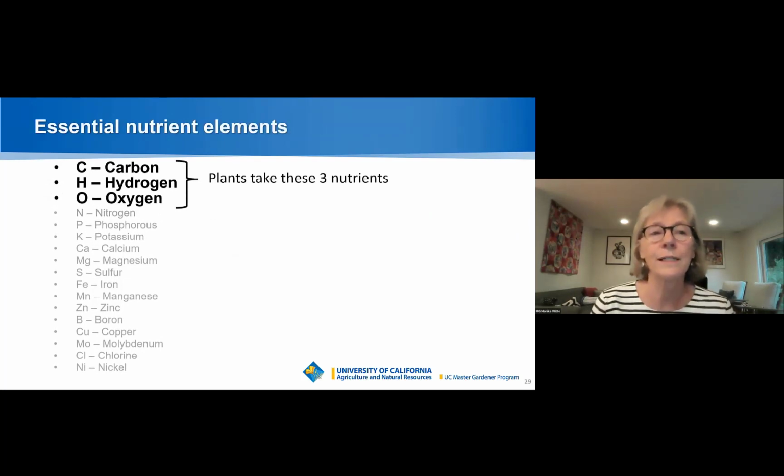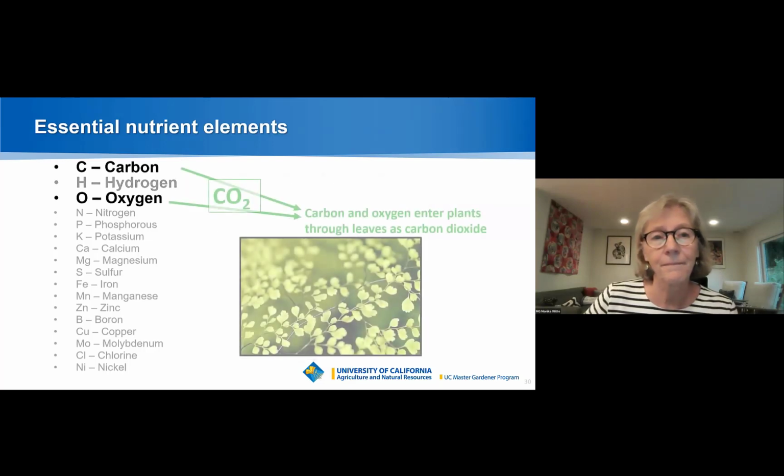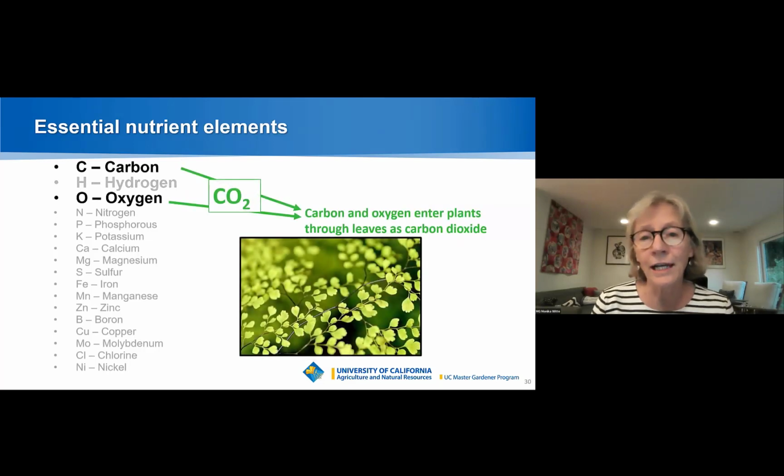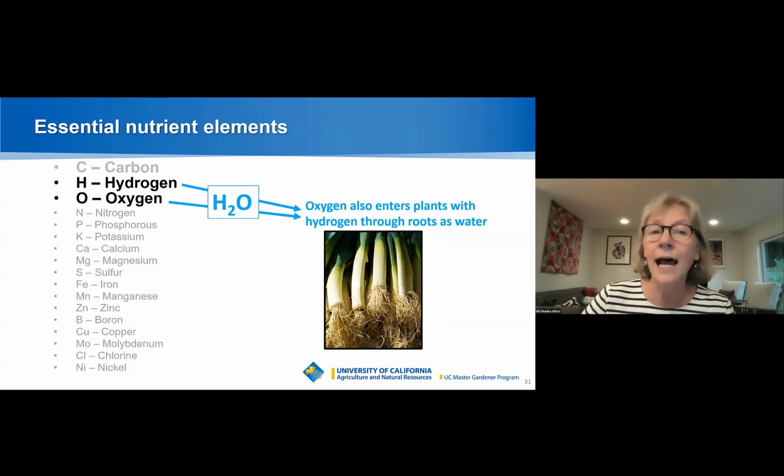These three nutrients, carbon, hydrogen, and oxygen, are special. Plants take these three nutrients from air and water. Carbon and oxygen enter plants through leaves as carbon dioxide. Hydrogen and oxygen enter plants through roots as water.